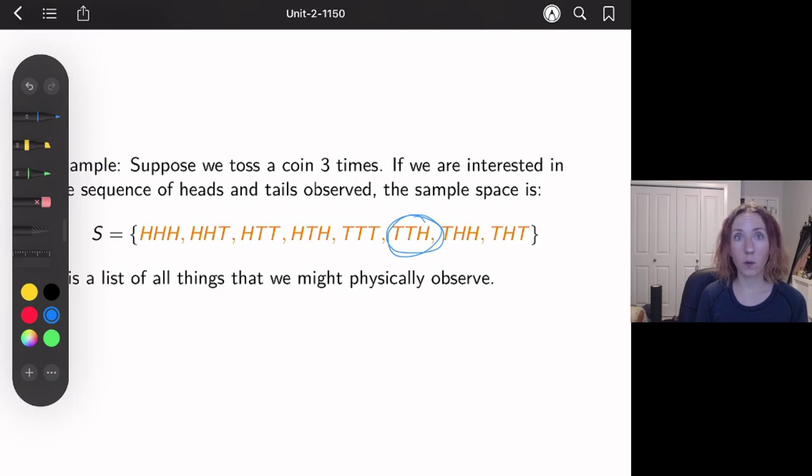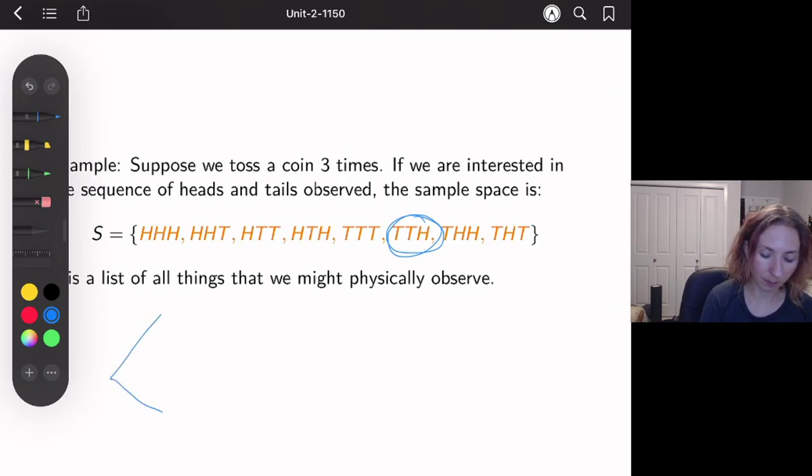A convenient way to make sure that we're not forgetting anything is to make a tree diagram. Very quickly, I could think about what are the actions I'm taking in my chance experiment that I need to narrate, and what are the possible outcomes for each of those actions. My action number 1 would be my first coin toss, and I can get a head or I could get a tail.